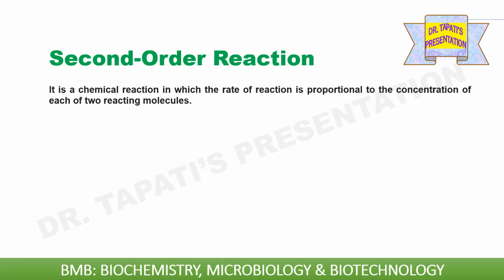We can define a second order reaction as a chemical reaction in which the rate of the reaction is proportional to the concentration of each of the two reacting molecules.